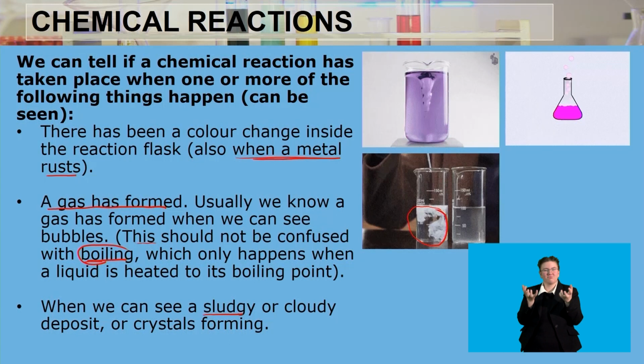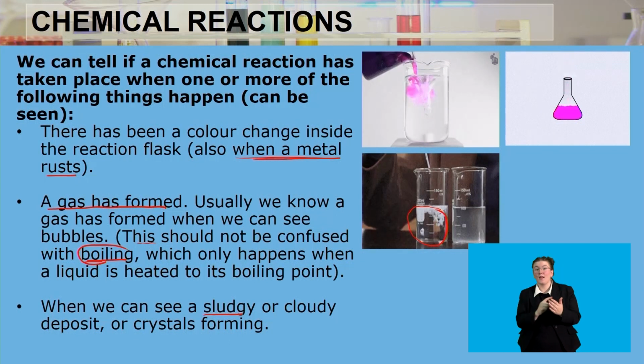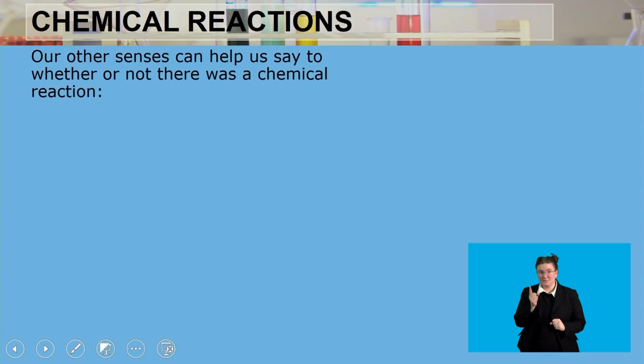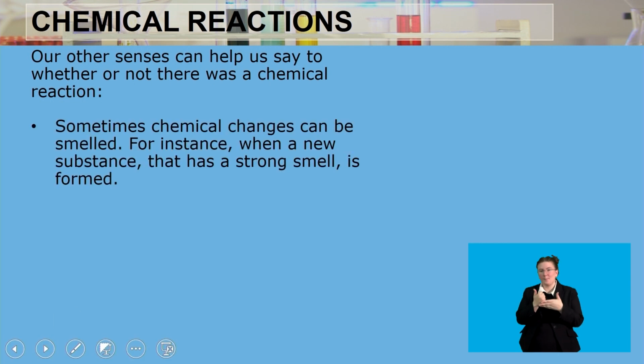So we can safely say that the reaction has taken place if we see, number one, a color change, number two, a gas being formed by way of bubbles escaping the flask, and number three, a sludgy or cloudy deposit forming after having mixed the two substances. However, our other senses can also help us say whether a chemical reaction has taken place. What are those senses?